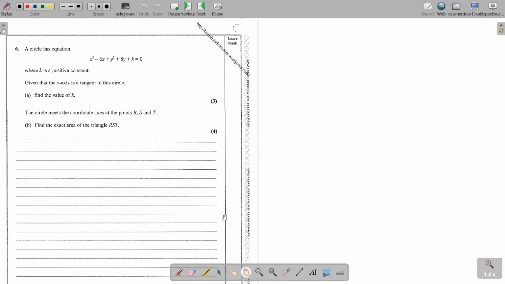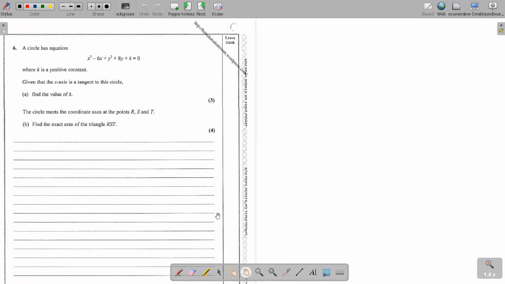Okay, so what we first do is we will try to make this into the standard circle equation by completing the square and by getting it into the format (x minus a) squared plus (y minus b) squared equals r squared. So this is the format that we will be working with. So let's work with this x squared minus 6x plus y squared plus 8y plus k equals 0.